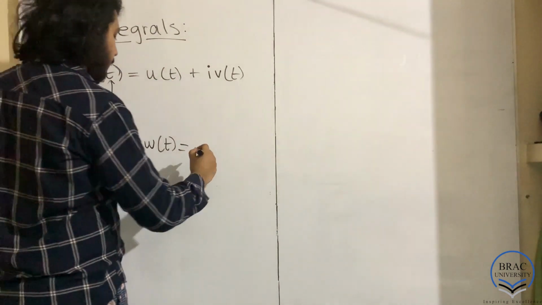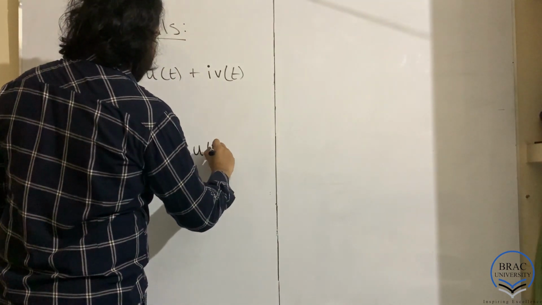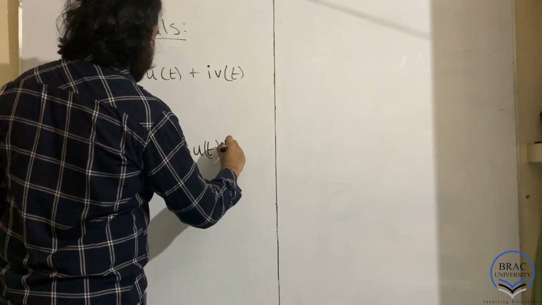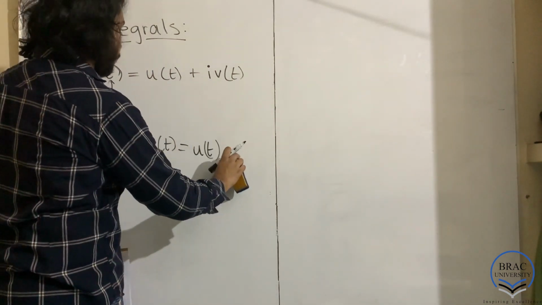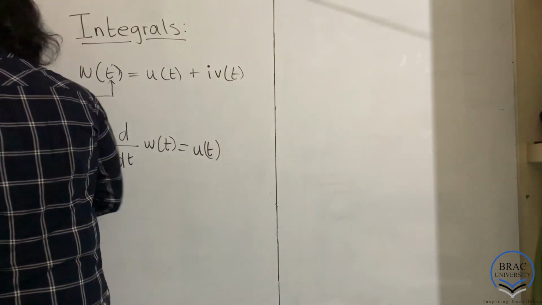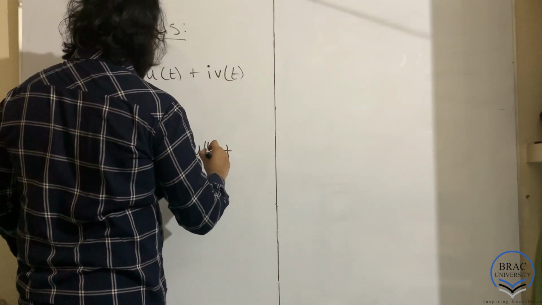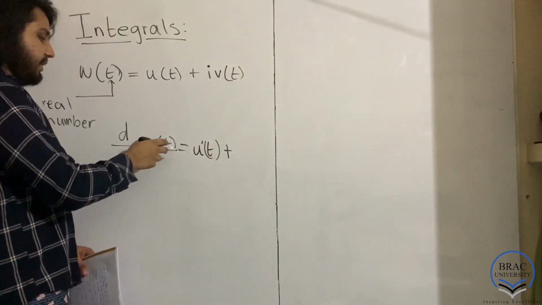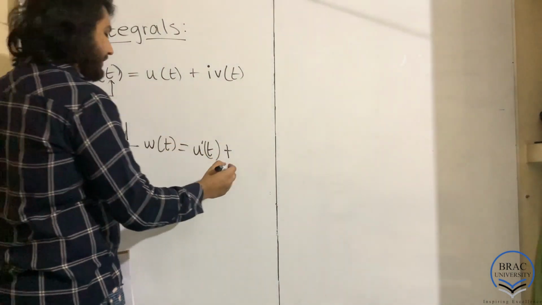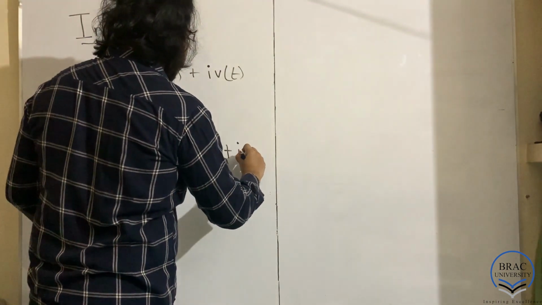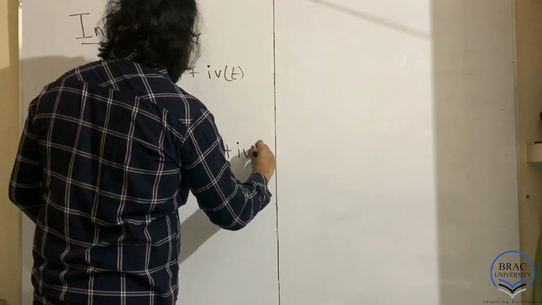So you have u prime of t plus i v prime of t.